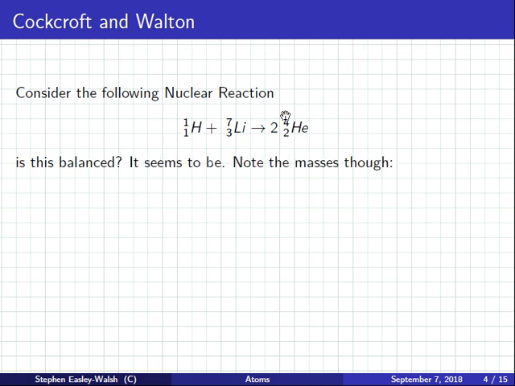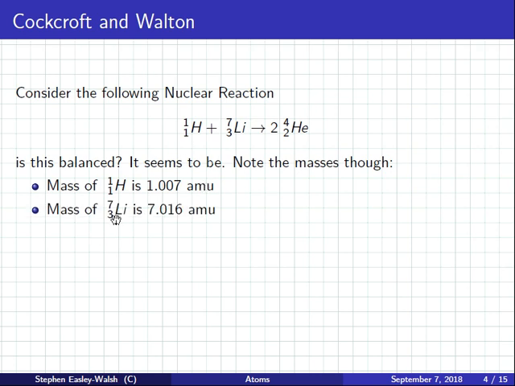Now, note the masses. The mass of 1 proton is about 1.007 AMU. The mass of lithium-7 is 7.0016 AMU. And the mass of helium-4 is 4.002 AMU.